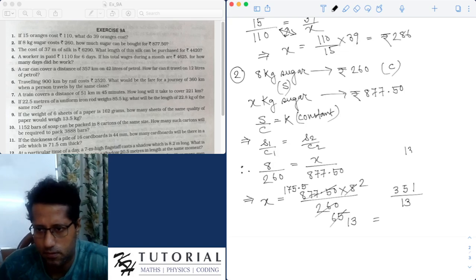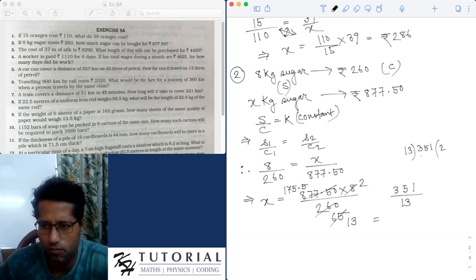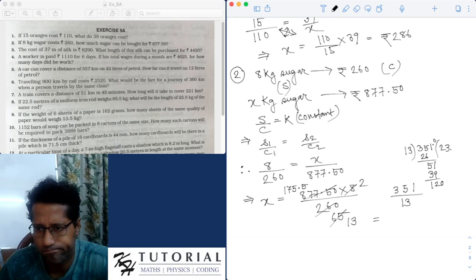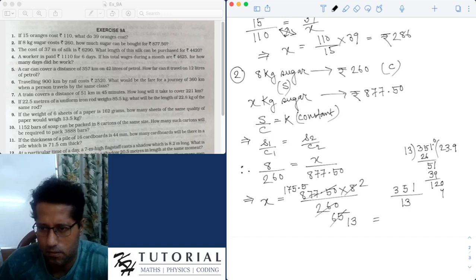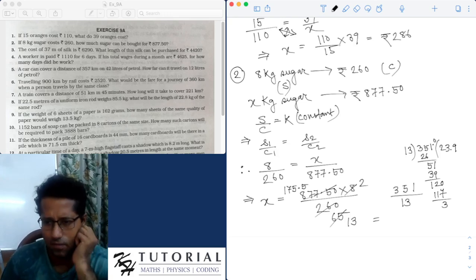If I divide 351 by 13, roughly it is 23.9.